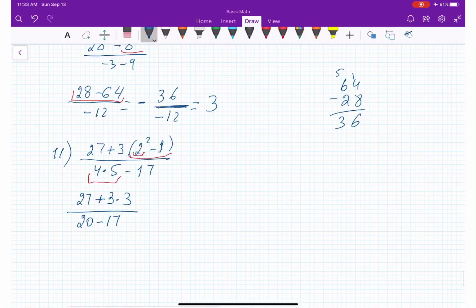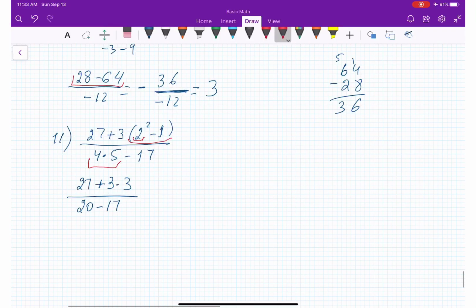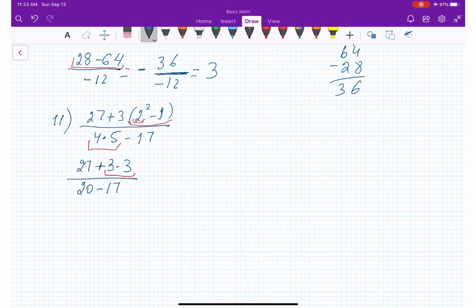Okay, next I'm doing this multiplication. 27 plus 3 times 3 is 9. And the 27 in the numerator has nothing to do with the denominator. I can subtract. 20 minus 17 is going to be 3.